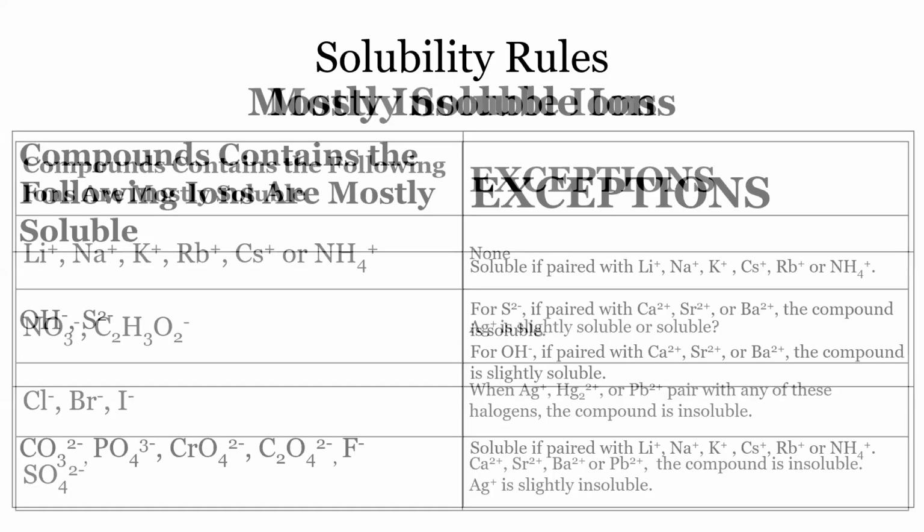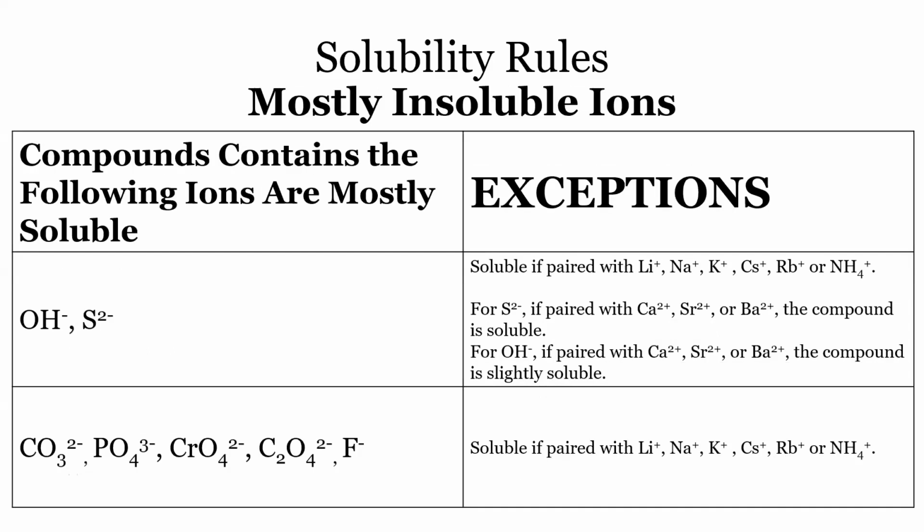This table here shows mostly the insoluble ions in water. Any ionic compound containing the OH- or S2- ions are mostly insoluble in water unless paired with any of the alkali metal ions, including Li, Na, K, Cs, or Rb+ ions, along with NH4+ ion, in which it would be soluble in water.